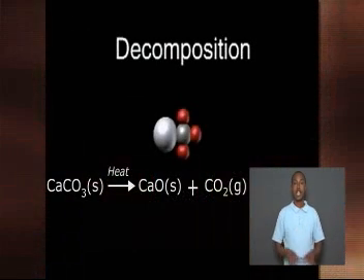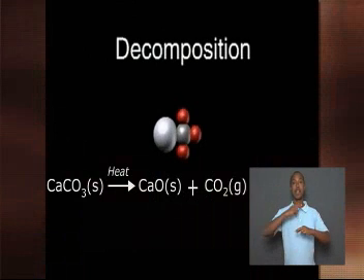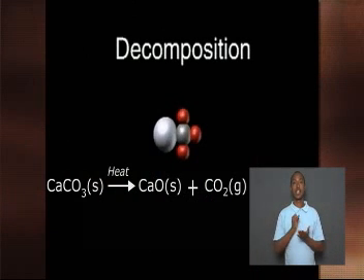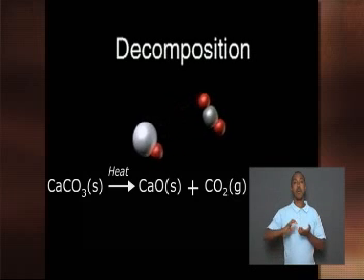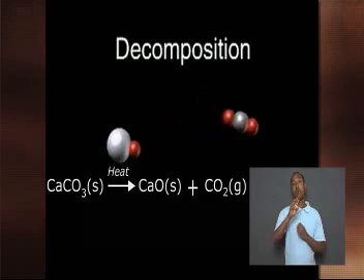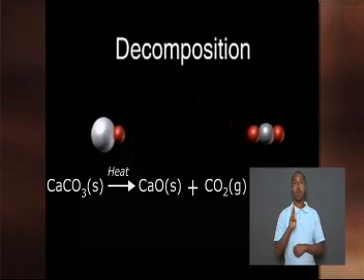A decomposition reaction is a type of chemical reaction. It involves the breaking down of a single compound into two or more elements or simpler compounds. Decomposition reactions can be caused using heat, light, electricity, or a catalyst.